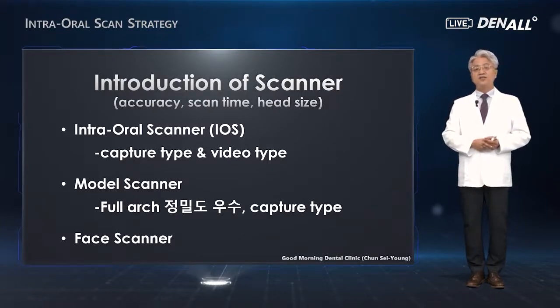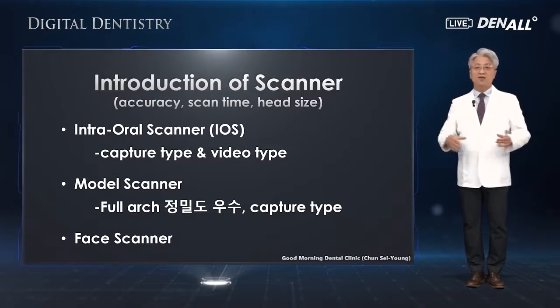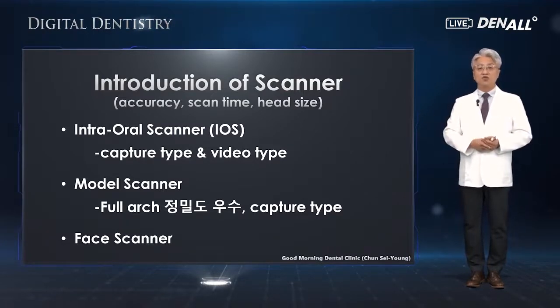The difference between the intraoral scanner and the model scanner: the precision is similar when it comes to a small area, but for full arch or large area scanning, the model scanner is more precise.